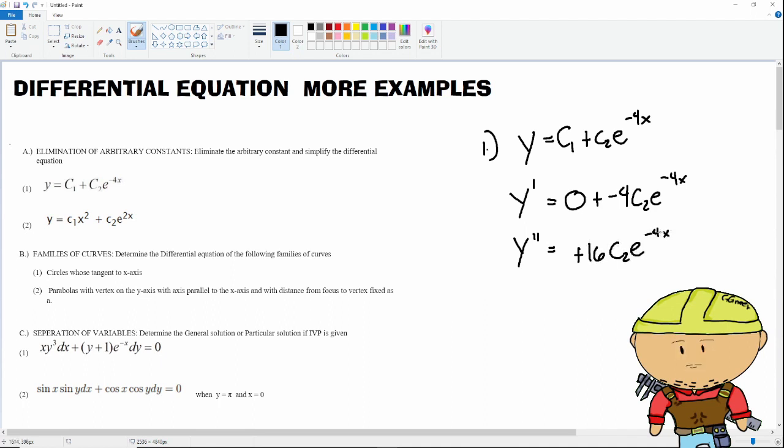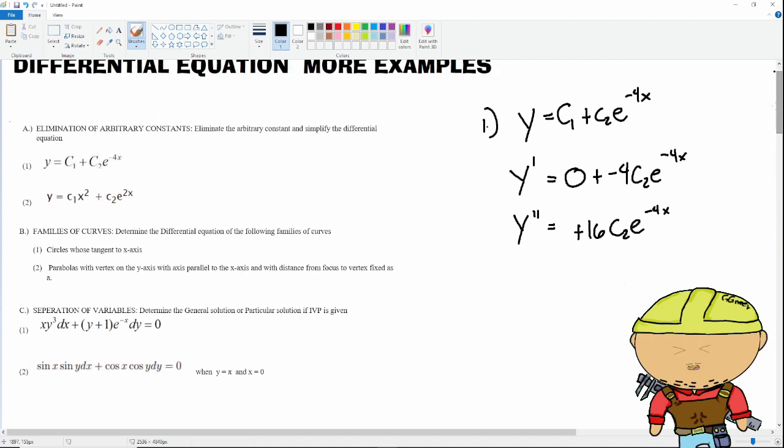So in this case, c2 is not eliminated because c2 is with e to the negative 4x. So in order to do that, we might add y double prime with y prime multiplied by 4.